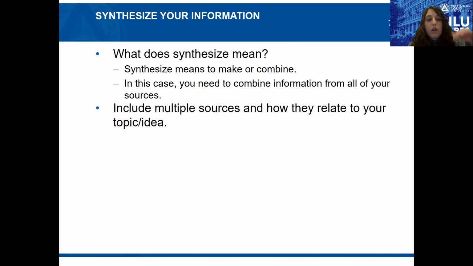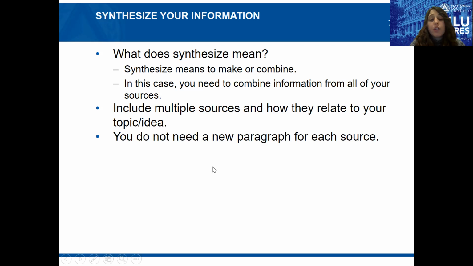You don't want to just have this one source talks about, so for example, let's do, will video games shorten teenagers' attention spans? You don't want to just have one source talking about the attention span in teenagers, one source talking about video games, one source talking about your actual research question, video games shortening attention span, one article about teenagers. You don't want your articles to be all over the place. You want to show how they're connected and how they can be woven together.